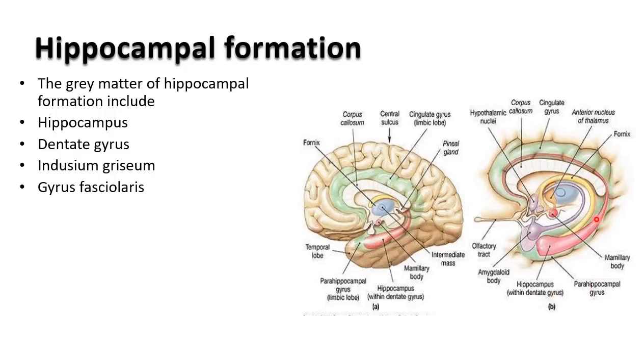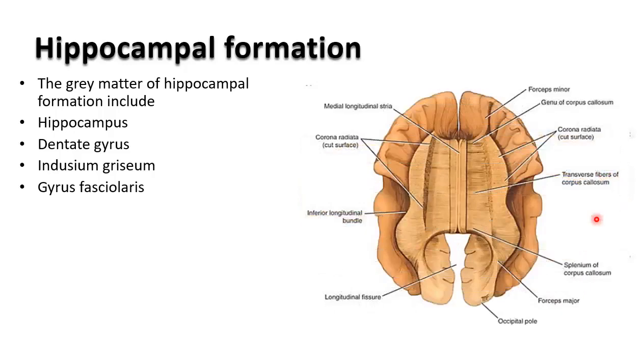On top of the corpus callosum is the indusium griseum, and on it you come across the medial and lateral longitudinal striae.